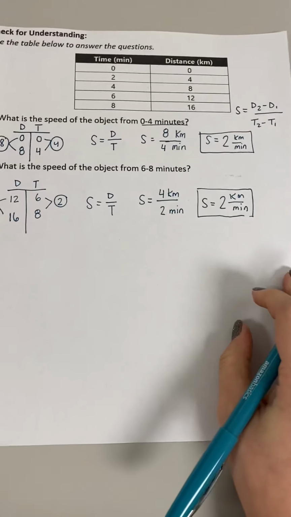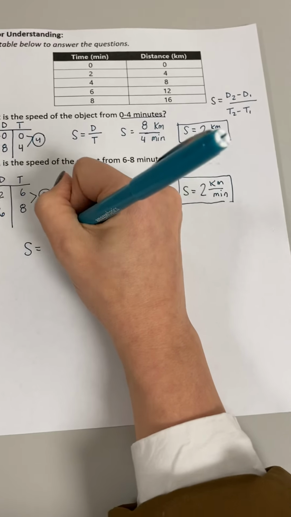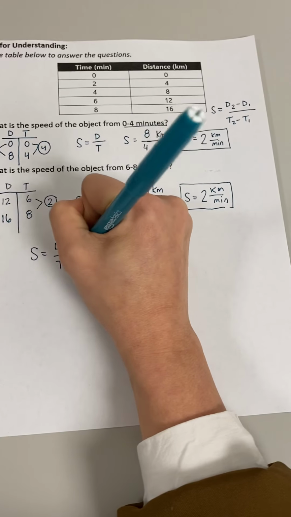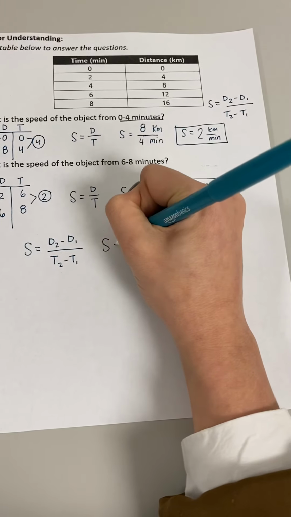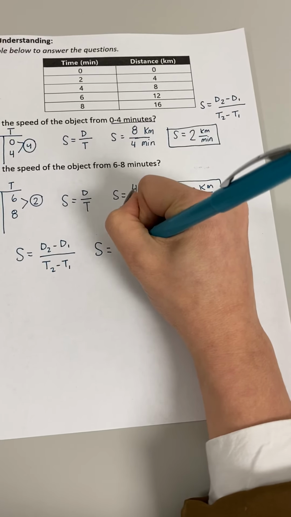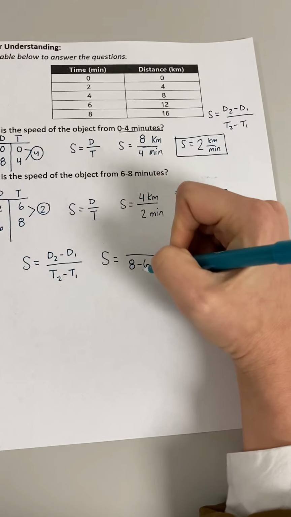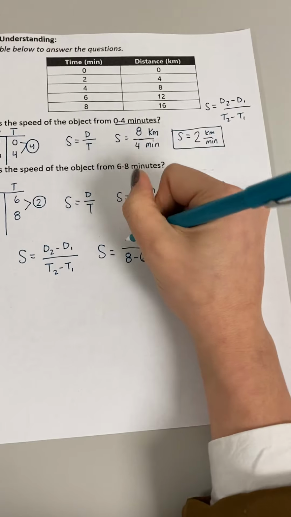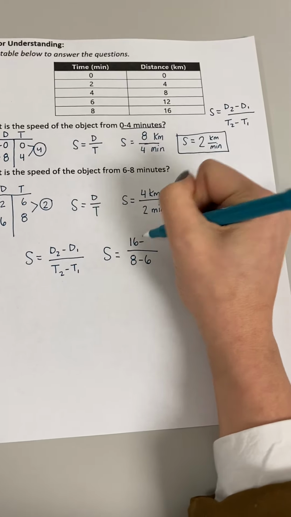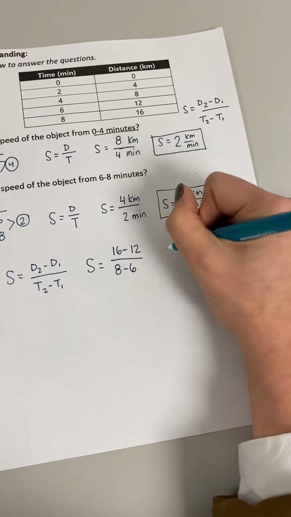If you want to teach kids the other way, on a problem like this one, it would look like speed equals distance 2 minus distance 1 over time 2 minus time 1, which would say speed equals, my two times here are 6 and 8, so we say time 2 minus time 1, and then the same thing, they need to go match it up and say, okay, time 2 is corresponding to 16, time 1, 6, corresponding to 12.